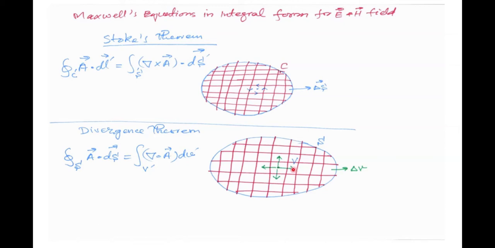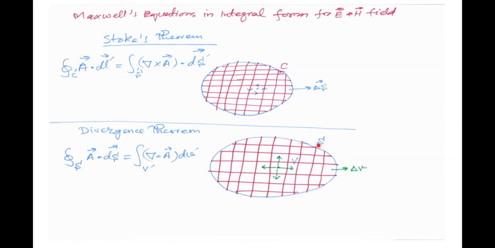When we consider the contribution of adjacent incremental volumes, they cancel the effect of each other. Finally, when we consider the contribution of all incremental volume elements, we come across the closed surface. The same effect which exists inside the volume, one can find at the closed surface.